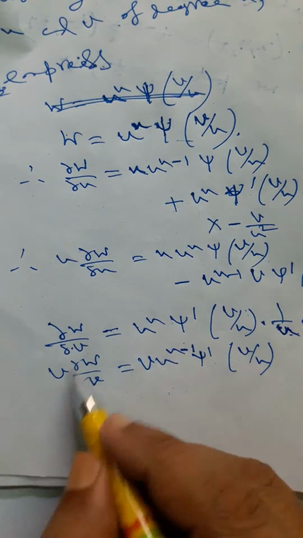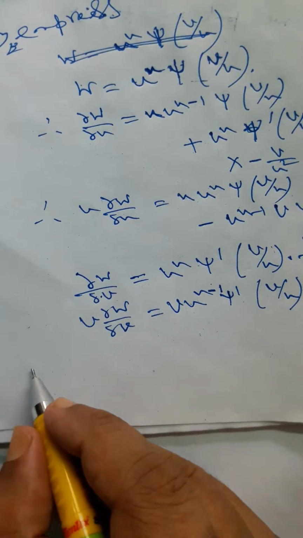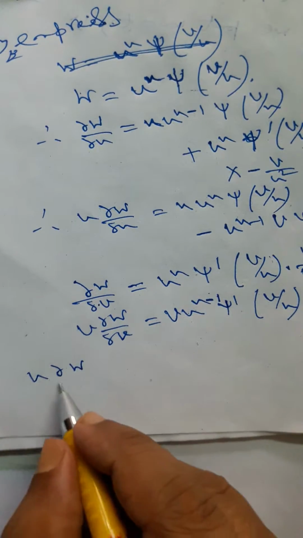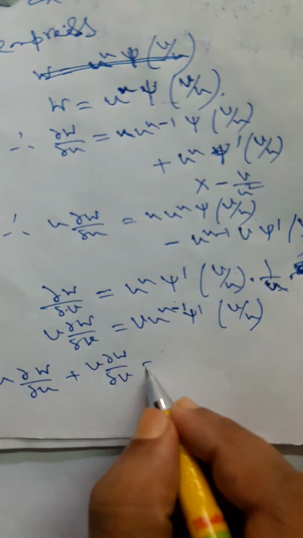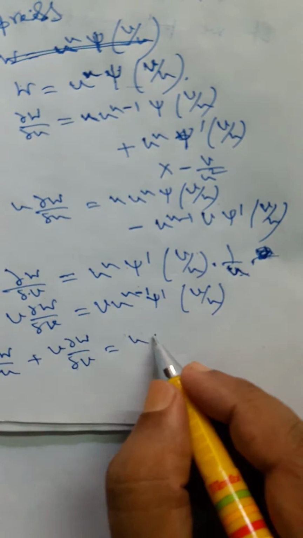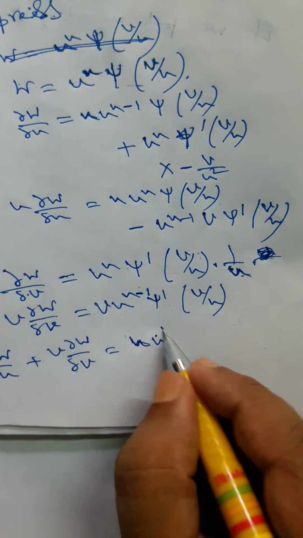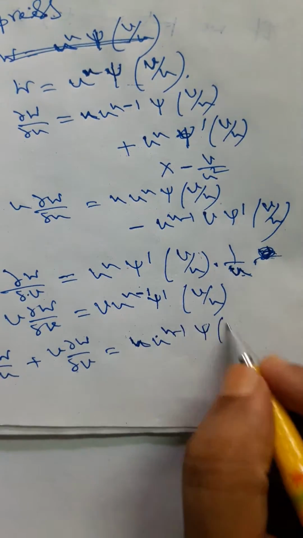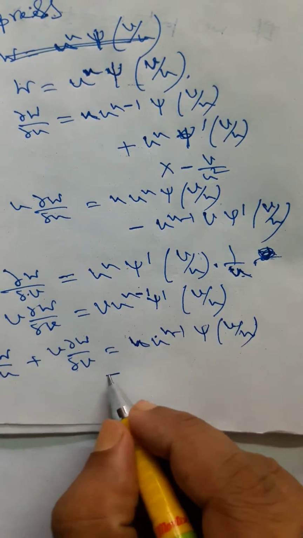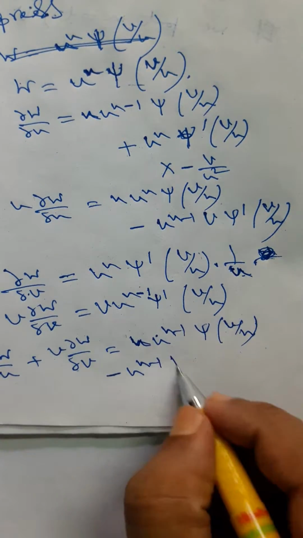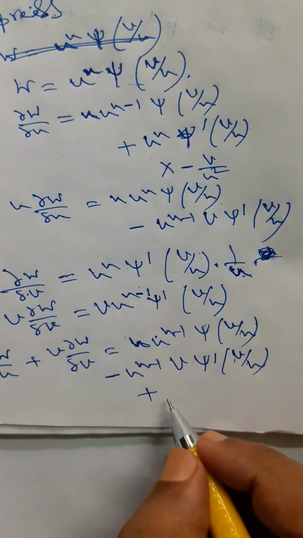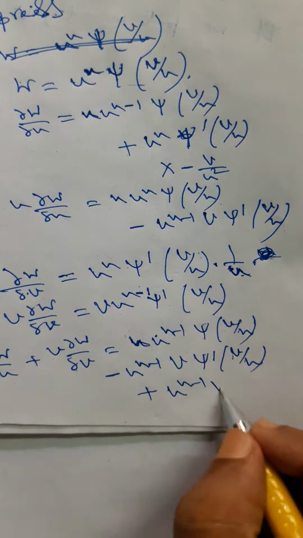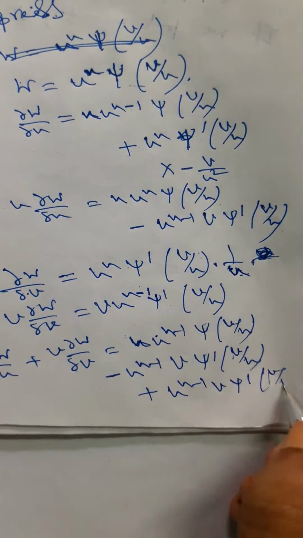Now getting this result and also this result, adding these two: u del w del u plus v del w del v is n u to the power n psi of v by u minus u to the power n minus 1 into v psi dash of v by u plus u to the power n minus 1 into v psi dash of v by u.